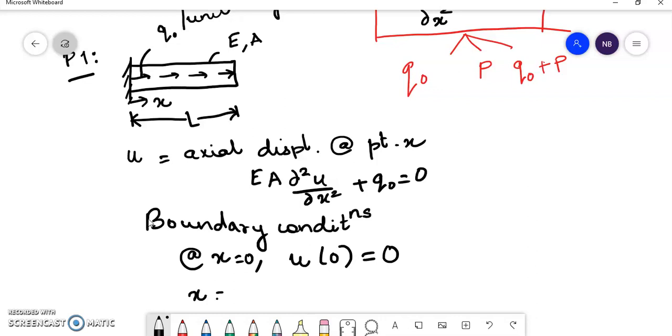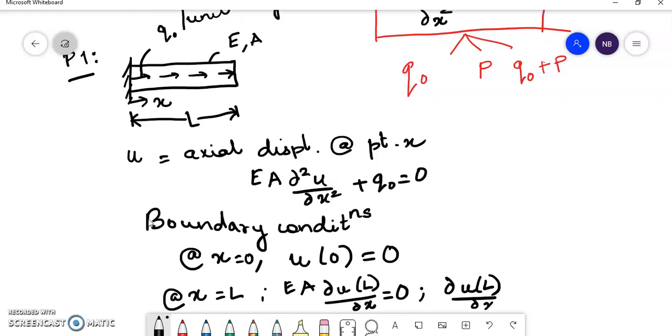Similarly, at x equals L, it is a free end. So at the free end there will be no slope at that end because it is a free end, or we can say dou u at L by dou x, taking EA on the right hand side, equals 0.